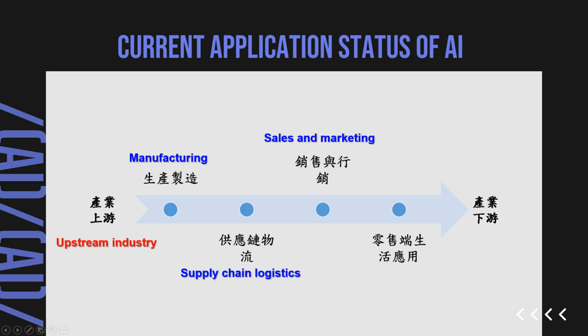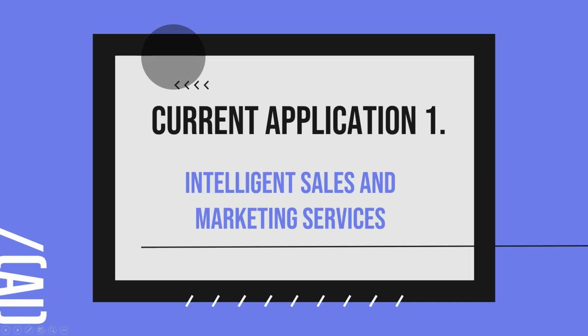Sales marketing 销售行销, okay? Retail life applications, okay? 零售端生活应用, okay, downstream industrial. So the graph here is very easy for you to understand the current application status of AI, okay?